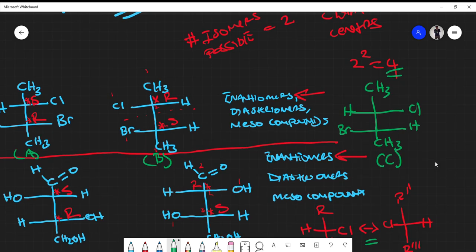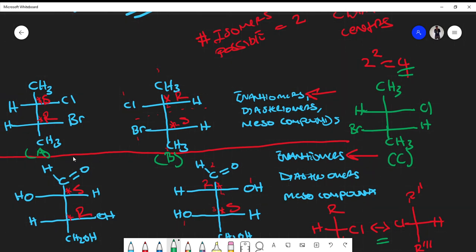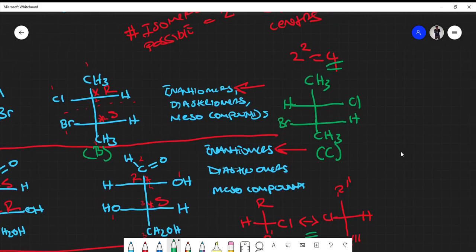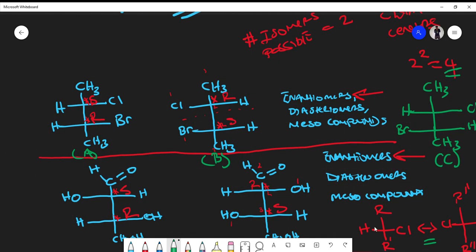Now, what would be the last stereoisomer of this compound? I could hold this one constant and flip the bromine. So let me label my chiral centers.